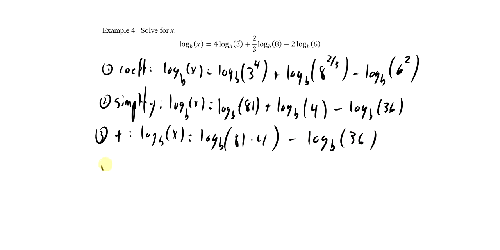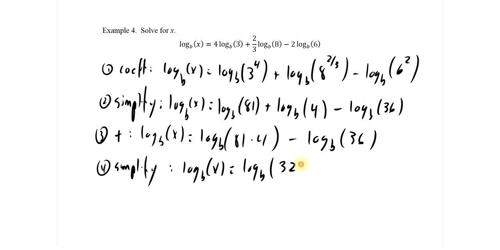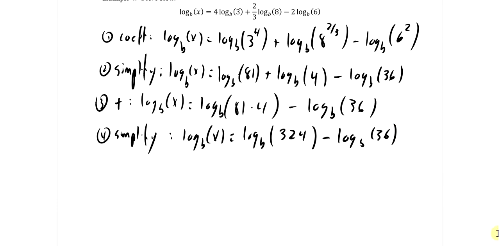And then step 4, we simplify again. 81 times 4: log base b of x equals log base b of 81 times 4, which is 324, minus log base b of 36. Great. And now we just have the subtraction to deal with.